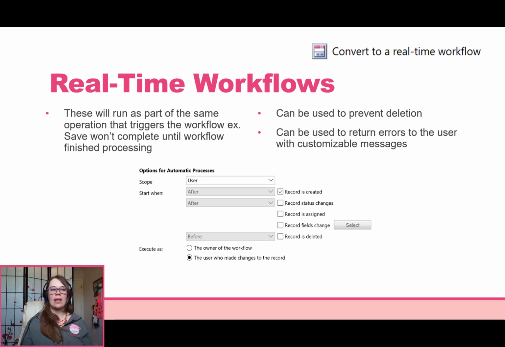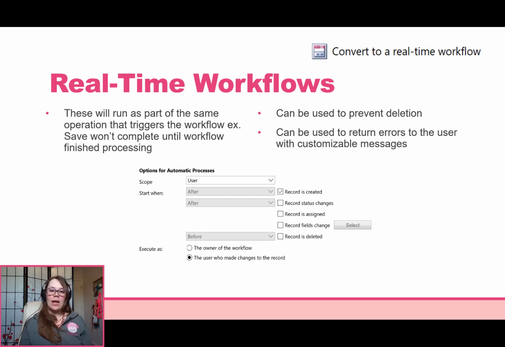So any changes that that workflow makes is going to have that workflow owner's name on it, which is a good reason to always make sure your workflows are owned by a system user, because you don't want something modifying your accounts and then it has your name as an administrator on it, because then when that user wonders what's wrong with their account, they're going to call you, and you don't want them to do that. They need to understand it's part of an automation process that's running.